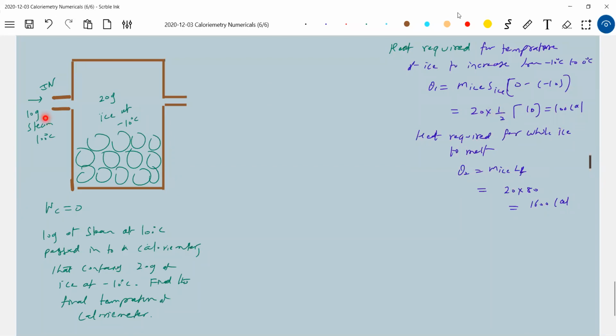If all steam condenses, 5400. So what do we expect? All steam should condense, or only a part of steam to condense? So I'll get into this one.